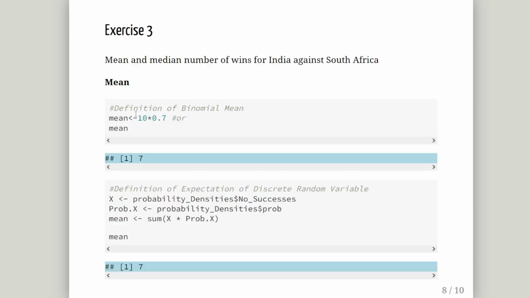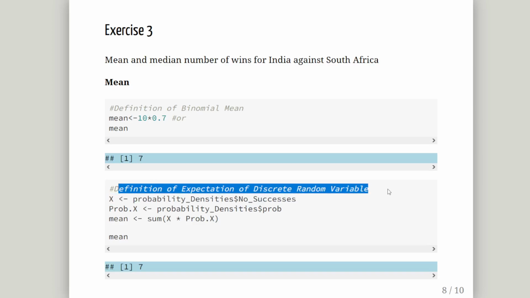Now, the mean and the median number of wins for India against South Africa. By definition, the binomial mean is n times p, 10 times 0.7, and we get 7. Or we can use the definition of the expectation of a discrete random variable.